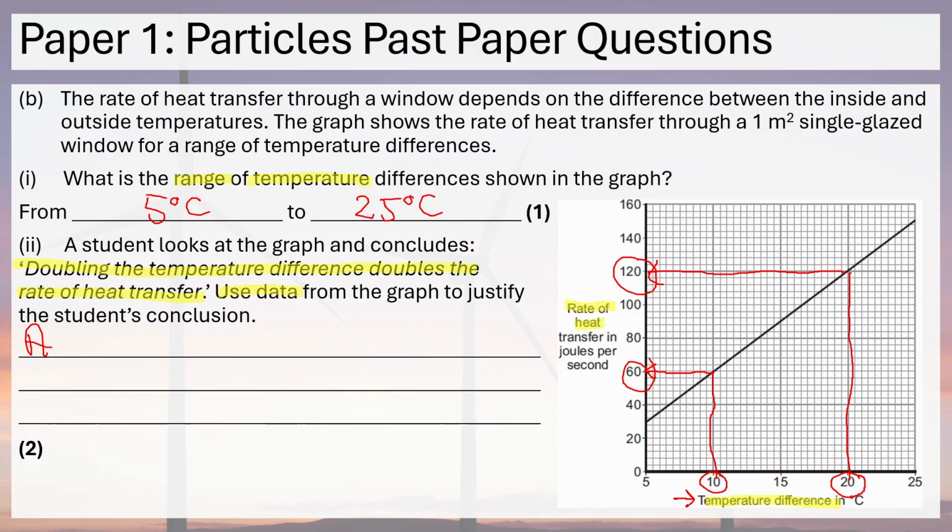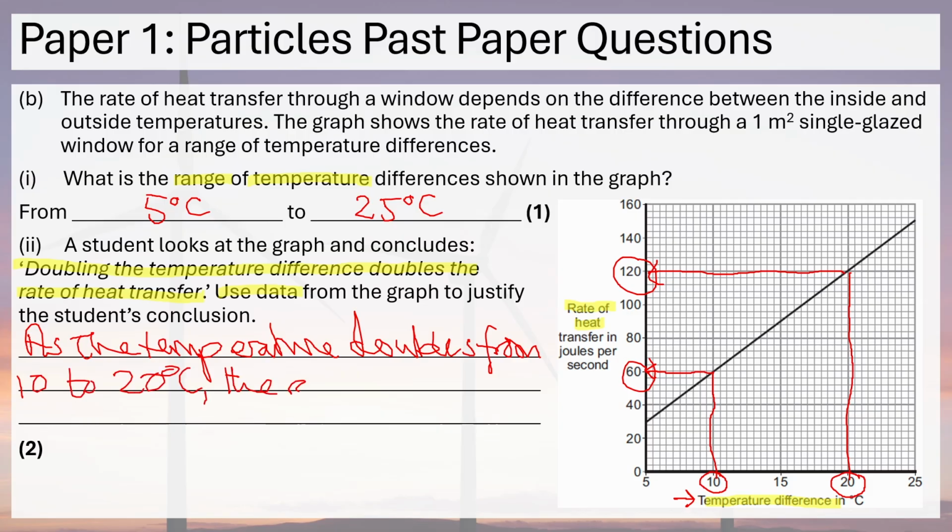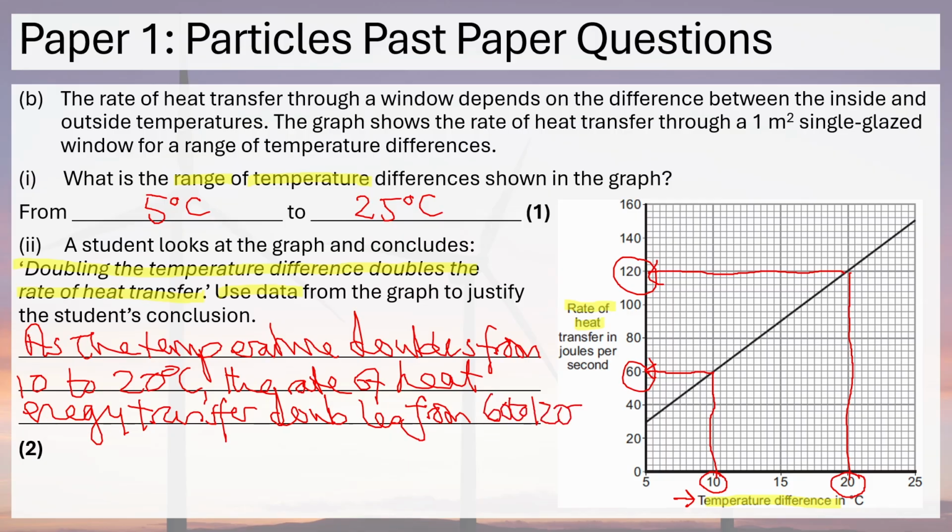as the temperature doubles from 10 to 20 Celsius, the rate of heat energy transfer doubles from 60 to 120 joules per second.